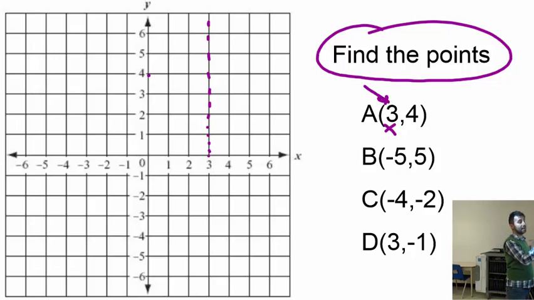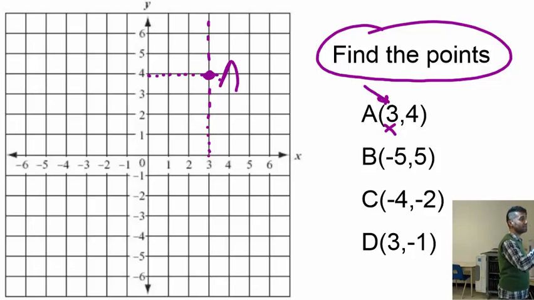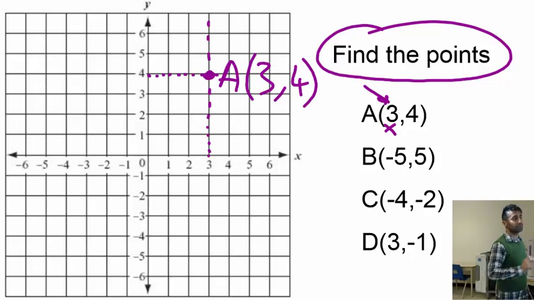This is number 4. So they meet right here. Put the point right there. And now we have to name it. It is A, open the bracket, it is at 3, 4.